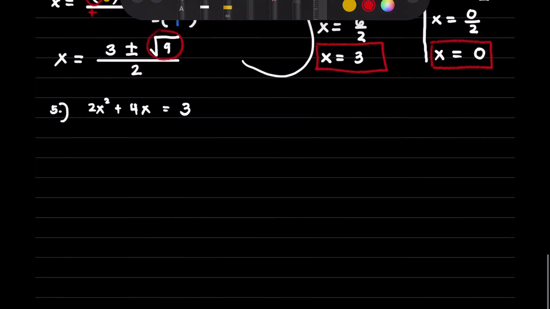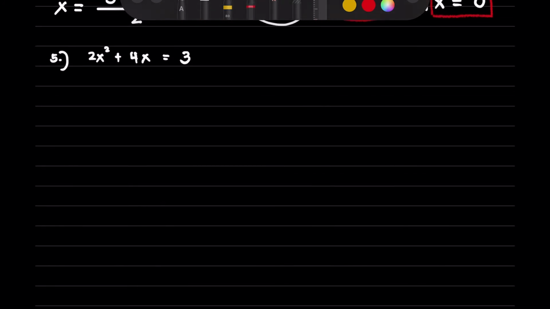Okay? So, next, last given, so we have 2x squared plus 4x equals 3. So, check muna natin kung naka-standard form. So, hindi yan naka-standard form, so kailangan nating gawin yan ng standard form.